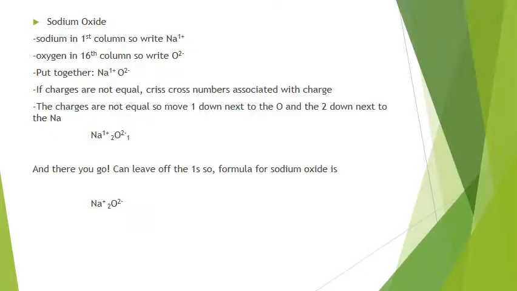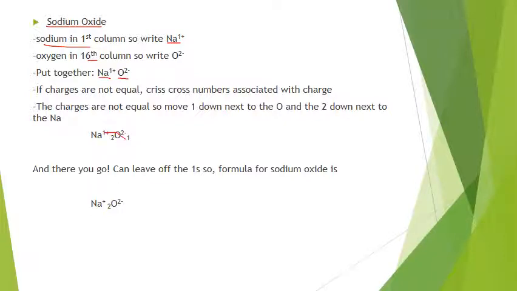So sodium oxide. Sodium is in the first column, so you write down Na 1 plus, or you can just leave off the 1. Oxygen is in the 16th column, so O2 minus. You put them together. And if the charges are not the same, what you have to do is crisscross.